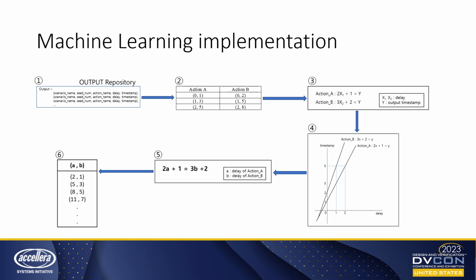We make different input delays, and we search for the expected timestamp value for delay A and B. With that information in the linear environment, we can predict which delay will make the common timestamp value. That is the usage of the machine learning algorithm, and it is very simple, but very useful.